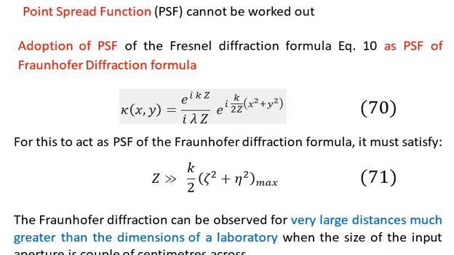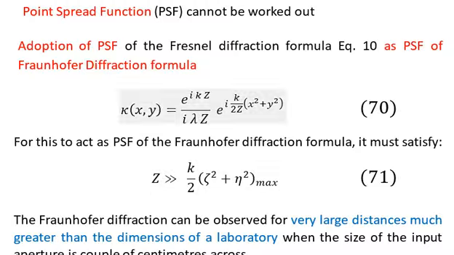But we need to remember the condition on the value of z, which is obtained from equation number 67 and rewritten in the form of equation number 70 in the inequality given in equation number 71. So you can see that here we have written that z is much greater than k over 2 multiplied by the maximum value of zeta square plus eta square.